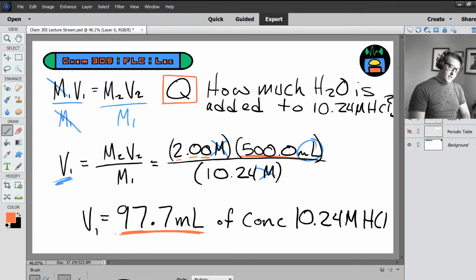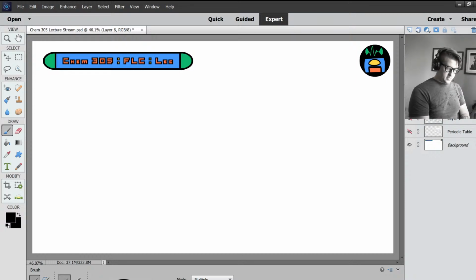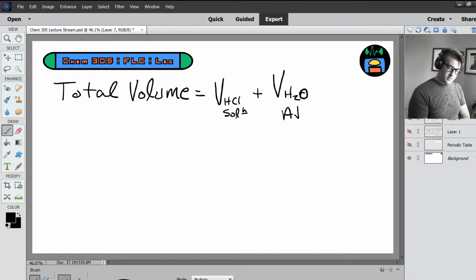The way you get from 97.7 milliliters to 500 is you've got to add a bunch, right? The amount that you have to add is like so. So we know that our total volume is equal to the volume of HCl solution plus the volume of H2O added.